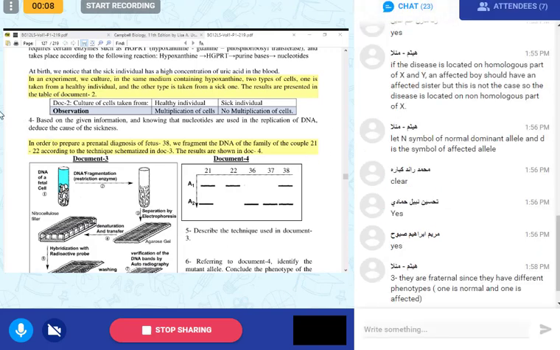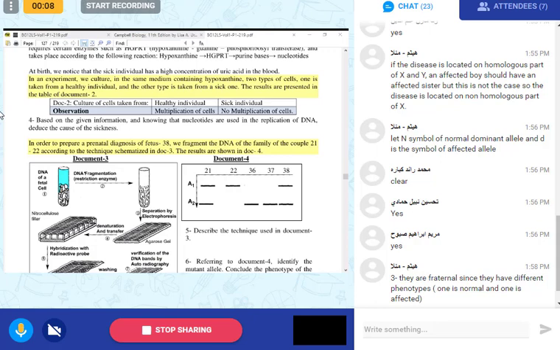Okay. In an experiment, we culture in the same medium containing hypoxanthine two types of cells. One is taken from a healthy individual and the other from a sick one. The results are presented in the table of document 2.